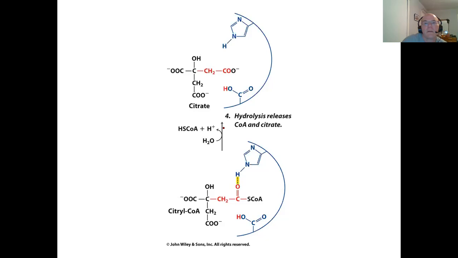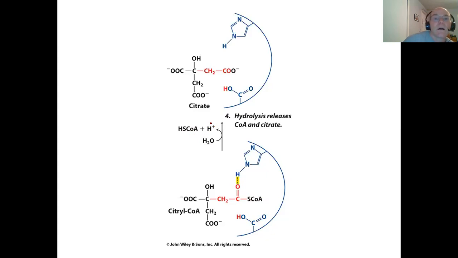Again, helps having that histidine there. Attached here then is an OH2, and one of those H's ends up going with the sulfur of the coenzyme A. So you have HSCoA, or sometimes you see this written as CoASH, and then release of this other one as an H+.